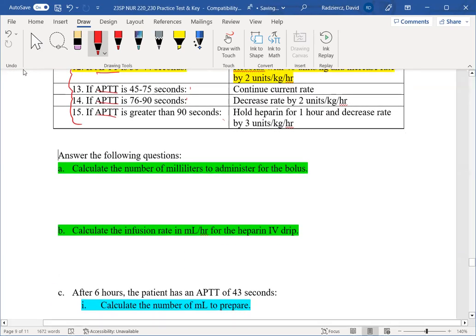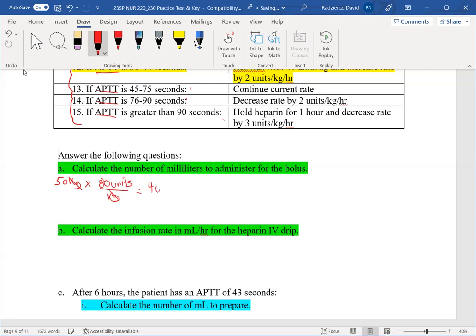We're going to take the patient's weight, 50 kilograms, and multiply by 80 units per kilogram. I'm going to get 4,000 units. Now, if the question had asked how many units for the bolus, we'd be done, but it says how many milliliters.